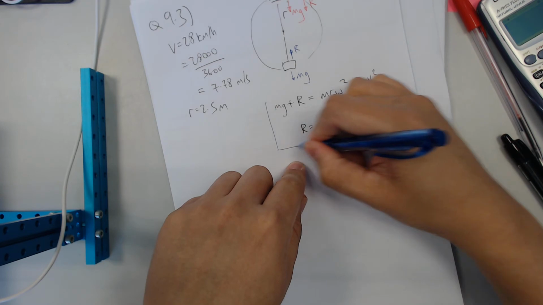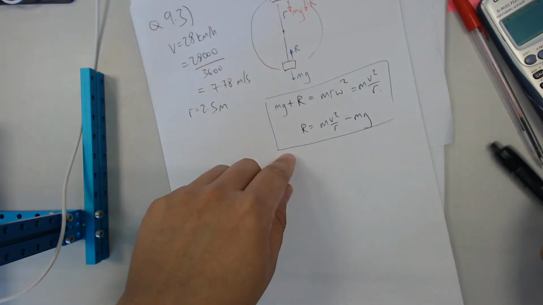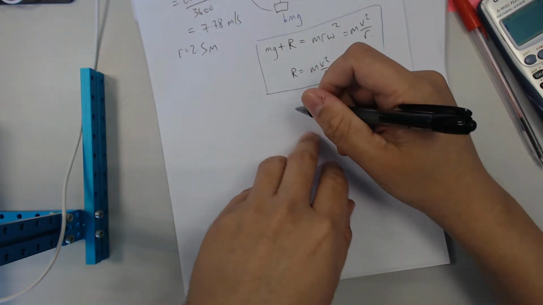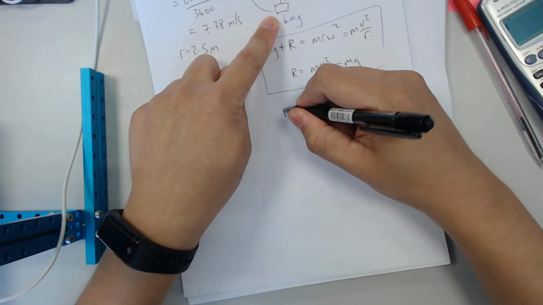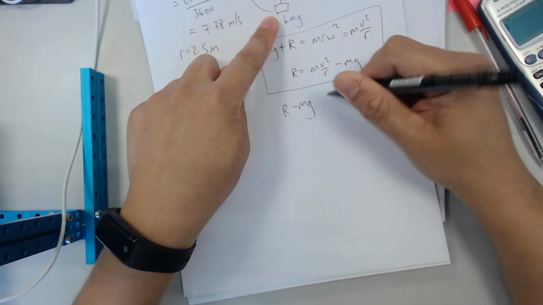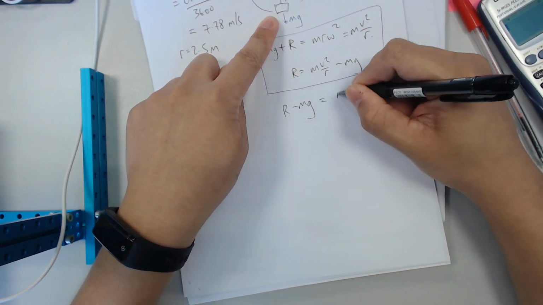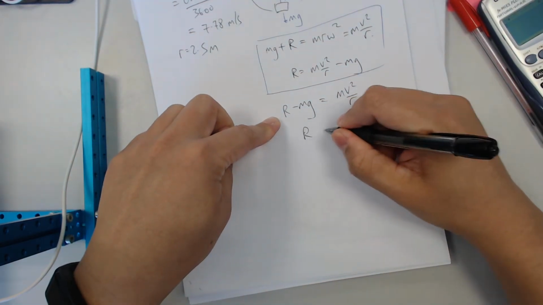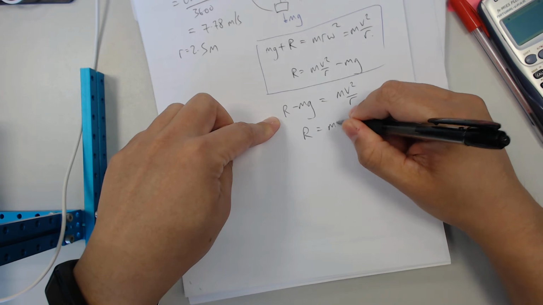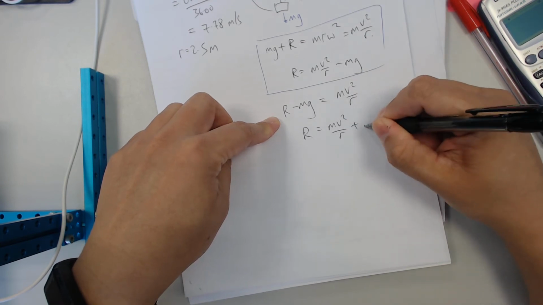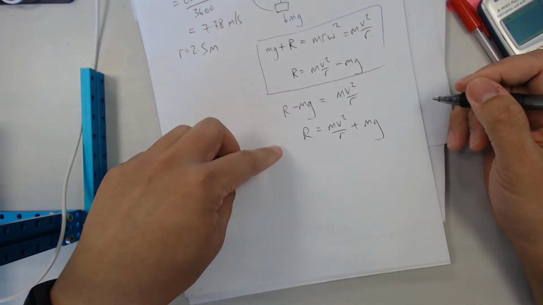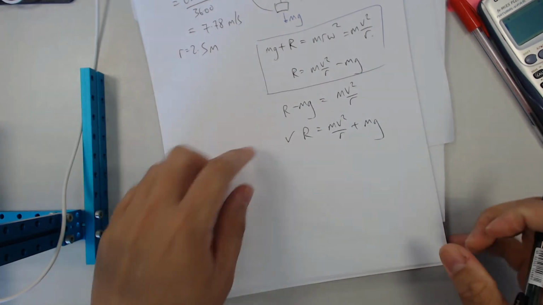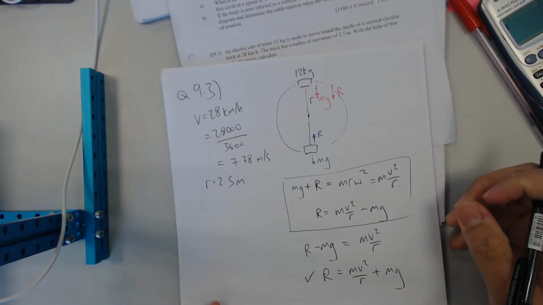So remember, this is the top, so the bottom would be R minus mg equals mv square over r. For this case, the reaction would be mv square over r plus mg. So naturally, you will pick this as the maximum reaction.